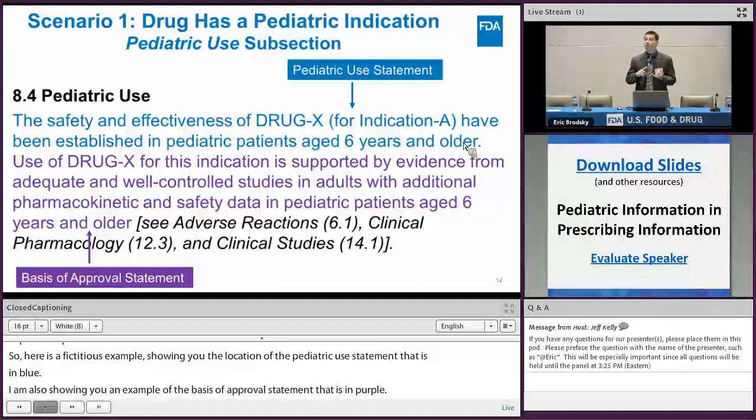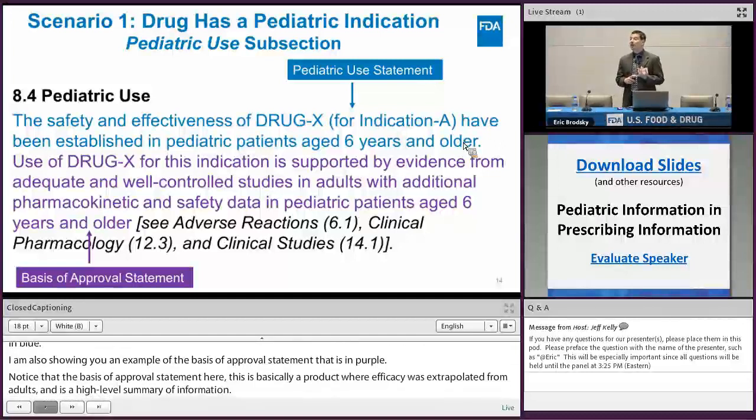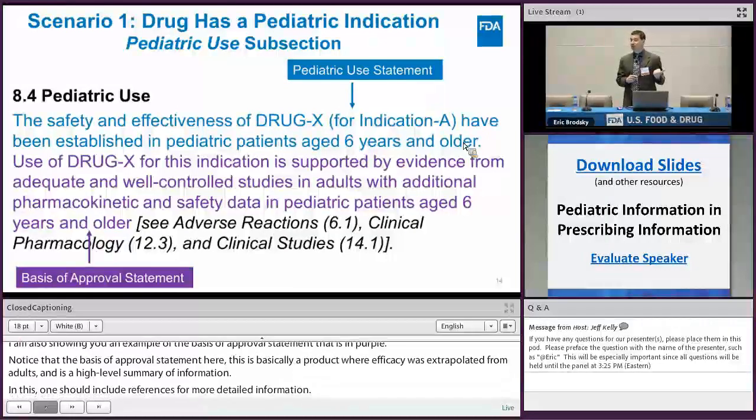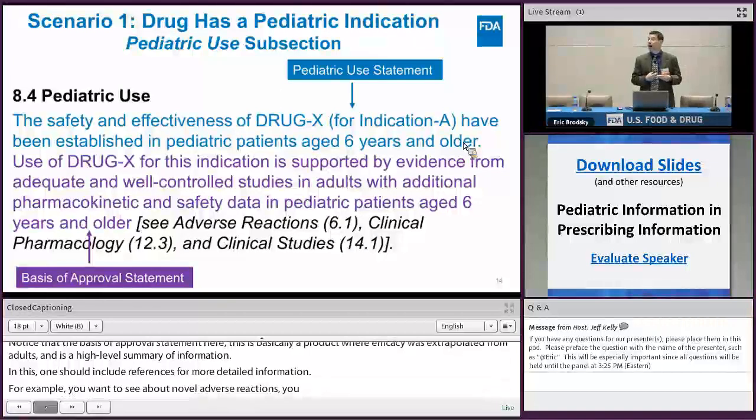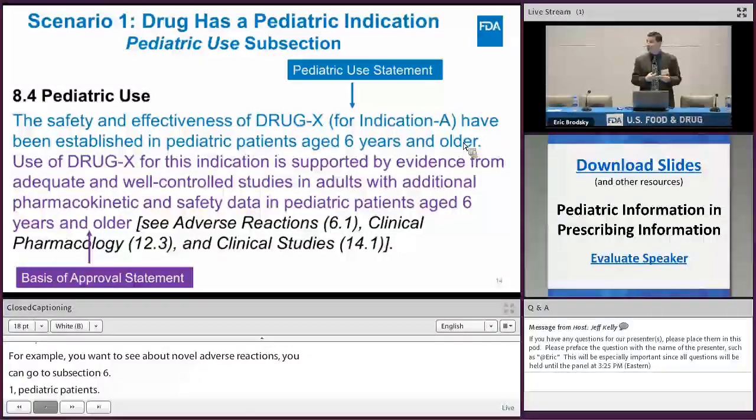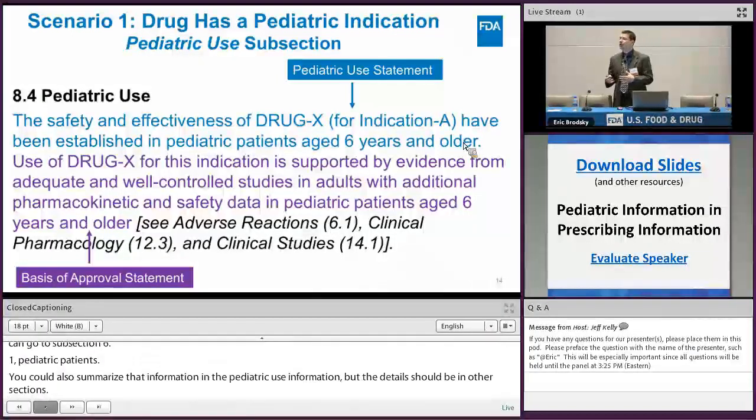And this, one should include cross-references for more detailed information. So, for example, if you want to see about novel adverse reactions, you can go to subsection 6.1 in pediatric patients. You could also summarize that information in the pediatric use subsection, but the details should be in other sections. The clinical pharmacology section should have the detailed PK information, PD, pharmacogenomic information, and as I mentioned earlier, the details of the clinical studies should be in section 14.